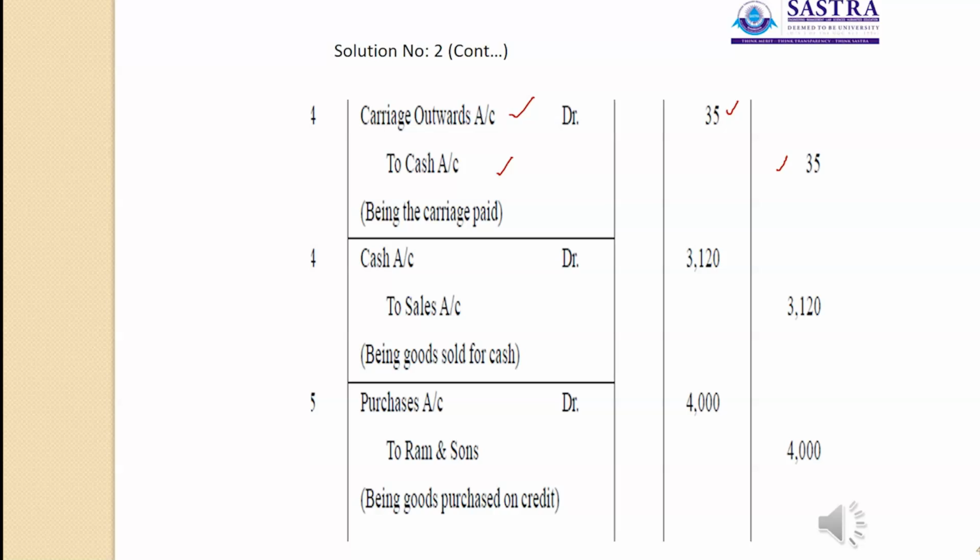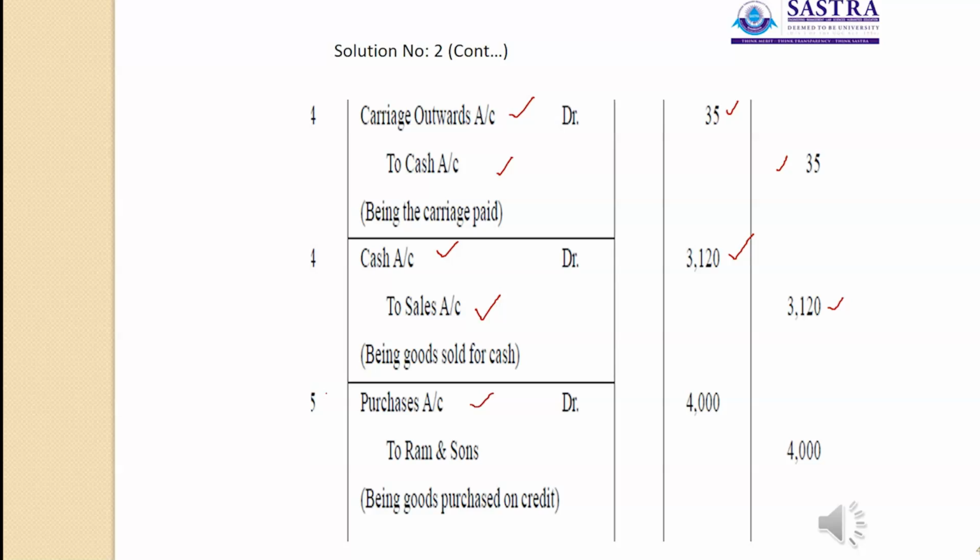The next one is goods sold for cash. Cash account debit to sales account, amount is 3,120. Narration for this transaction is being goods sold for cash.